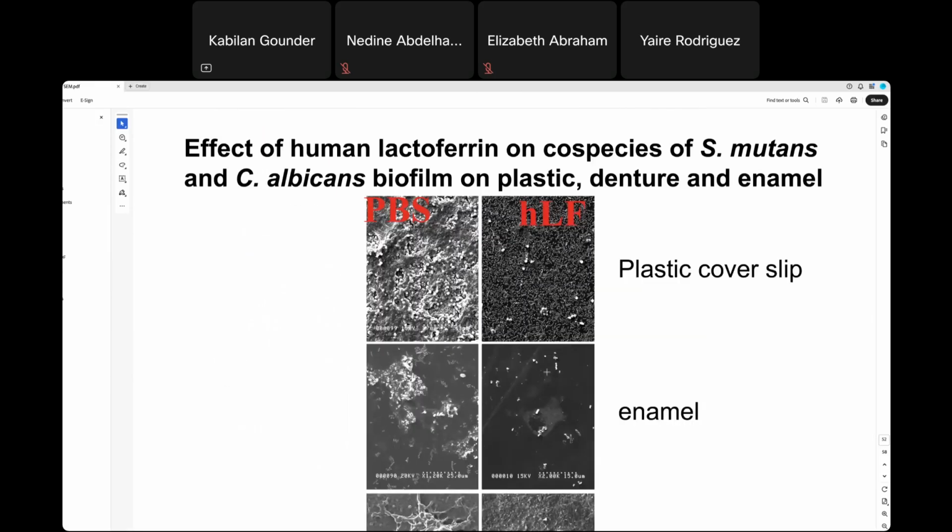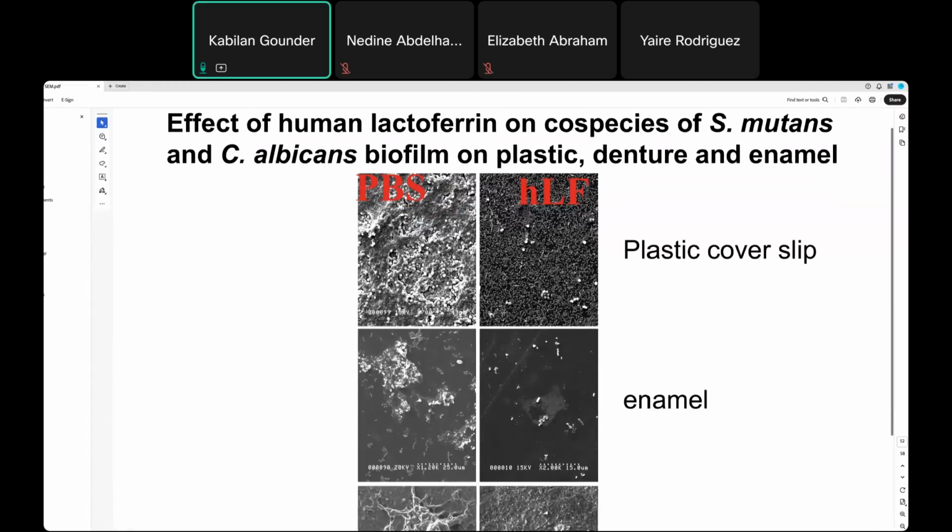So, the effect of human lactoferrin on co-species of Streptococcus mutans and Candida albicans biofilm on plastic, denture, and enamel. Here again, I give all three in one, so you can see the difference.